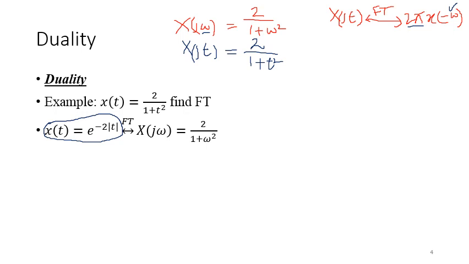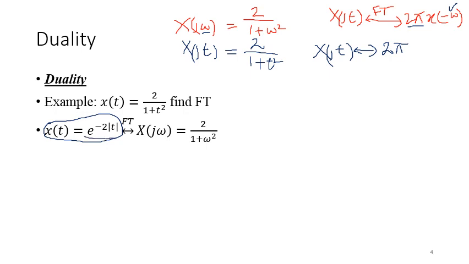So if I have this, I can easily find the Fourier transform of this. That will be straight away scaling by a factor of 2 pi, and the corresponding x of t is this one.